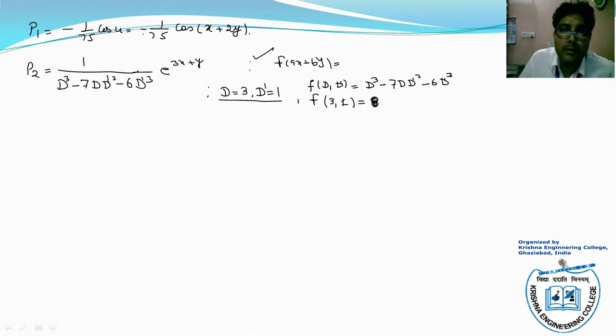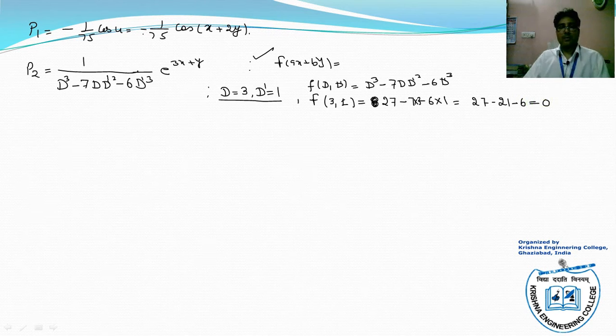Replace D by 3 and D dash by 1: that means 27 minus 21 minus 6, this is 0. That means in this case the rule fails.